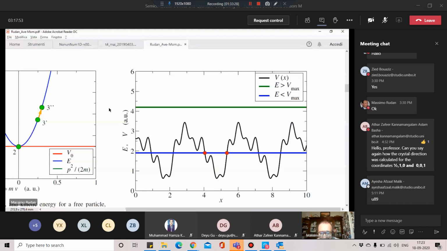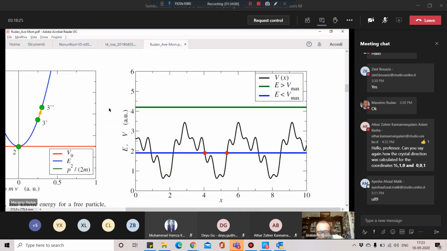At the red dot on the right, in this position, the total energy intersects the potential energy, which means that at that point, the kinetic energy becomes equal to 0. The particle cannot proceed to the right, because if the particle proceeds to the right, then the total energy becomes smaller than the potential energy, and the kinetic energy becomes negative, which is impossible.